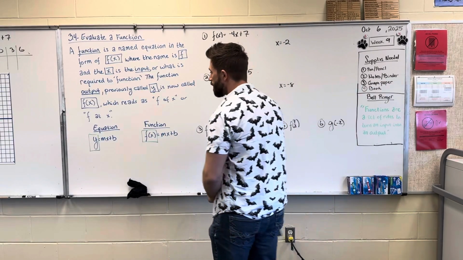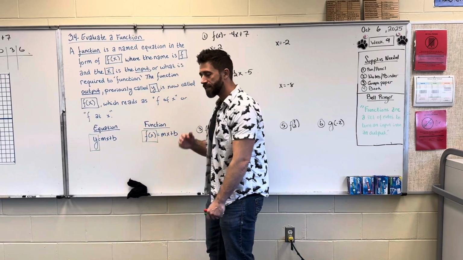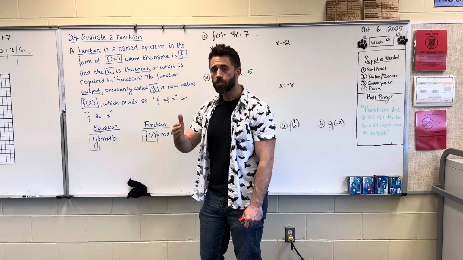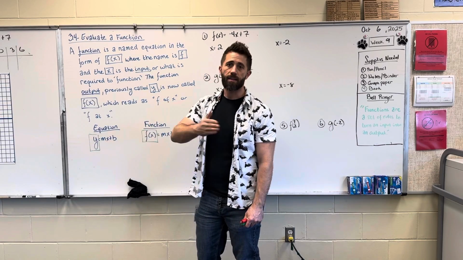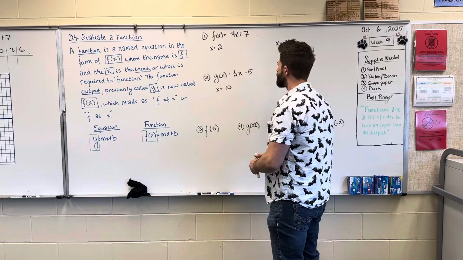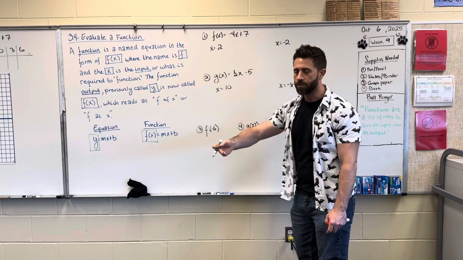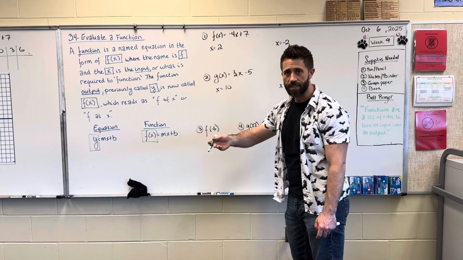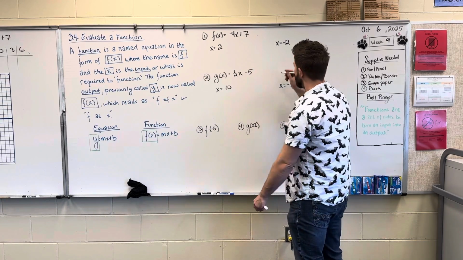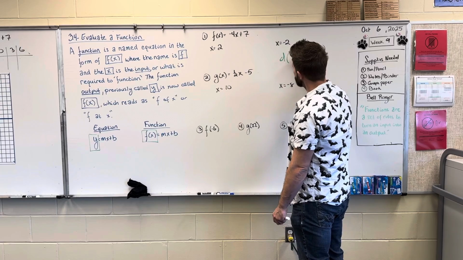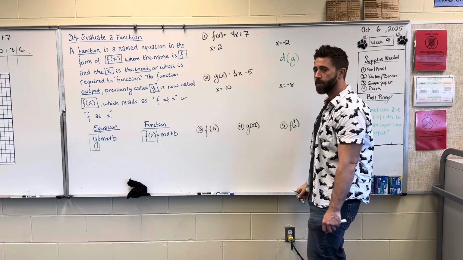So if I name an equation as a function, that means I have the ability to change the output depending on the input. And this is how we name functions. If I want to see how far your car travels in distance based off the gas I put in it, I would say distance is a function of the gas that we put in it.